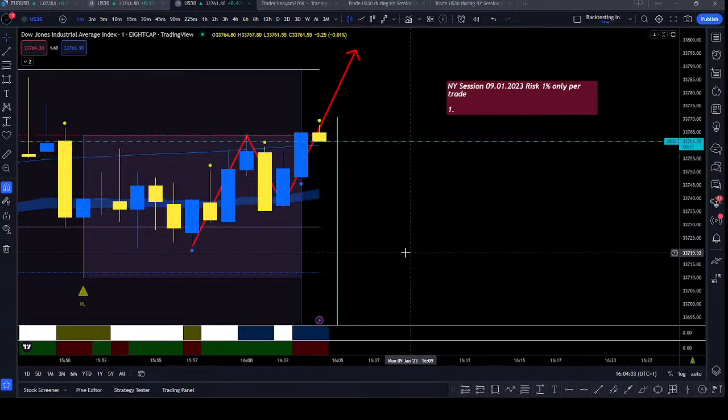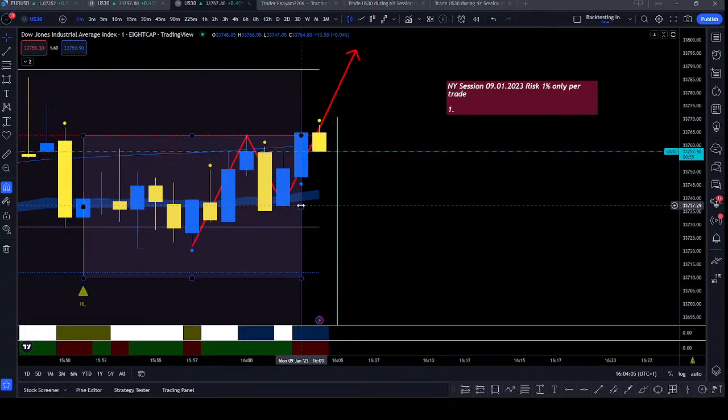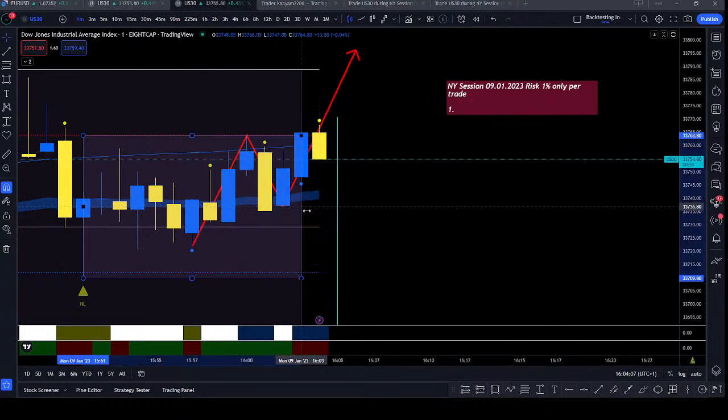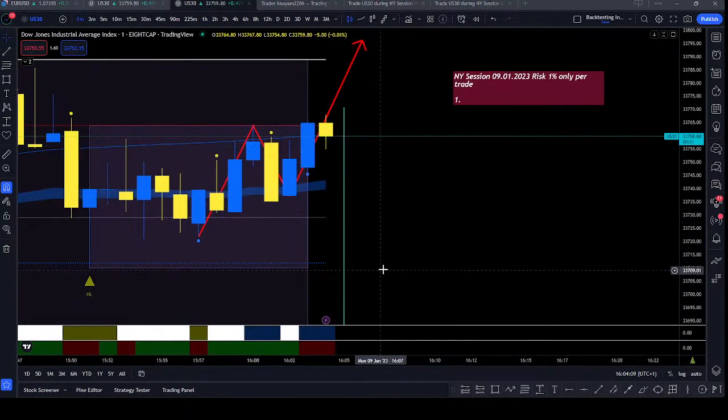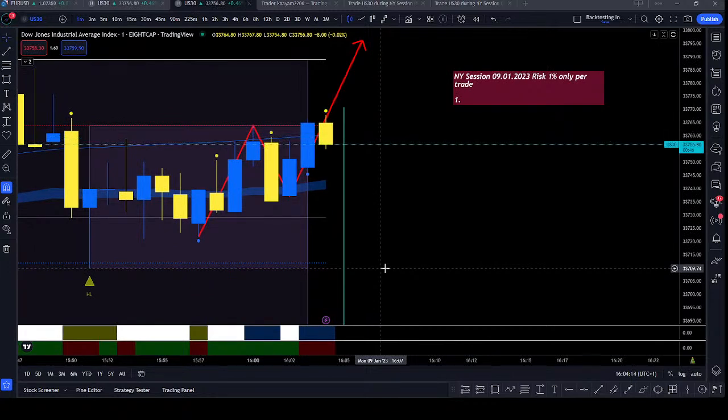Okay. So the first consolidation zone has been, the price has come out of it. But there is no official entry yet.